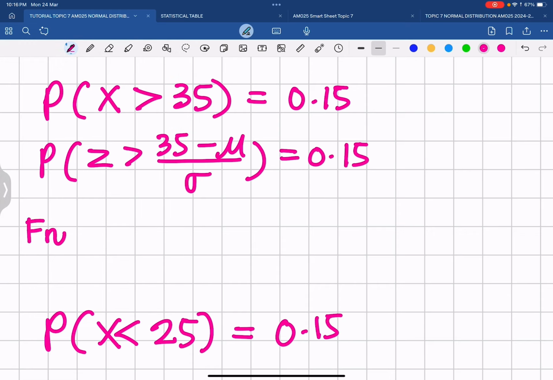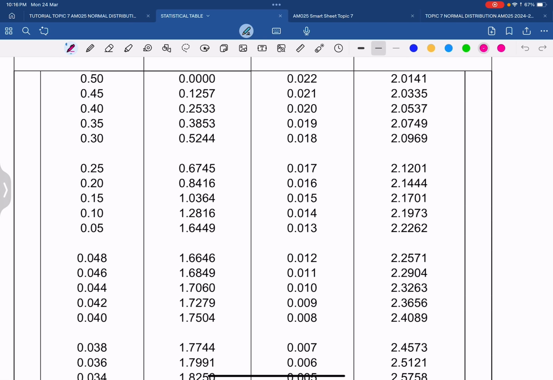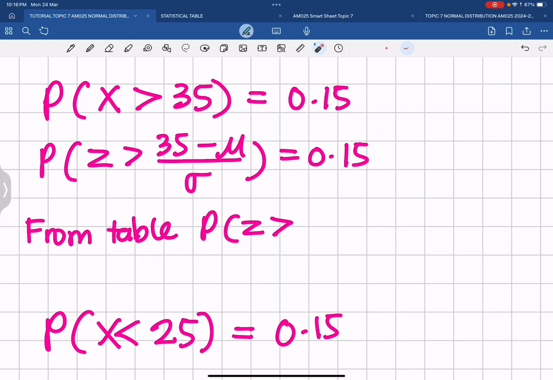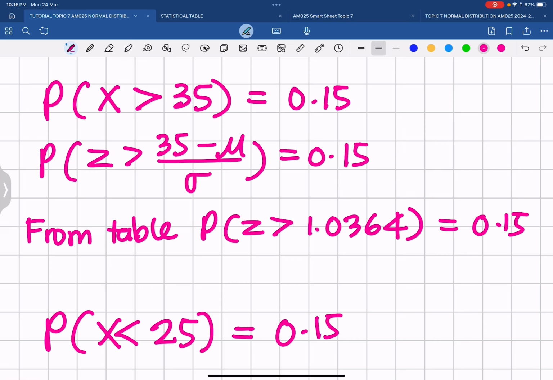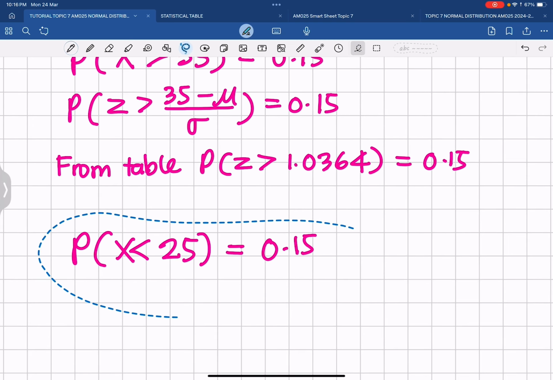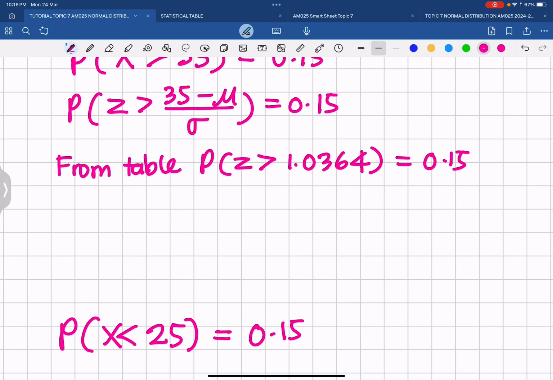So from the table, the probability Z greater than 1.0364 is equal to 0.15, and we can compare our Z score with the table Z score. (35 minus the mean) over the standard deviation is 1.0364.